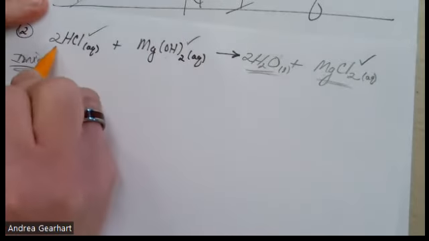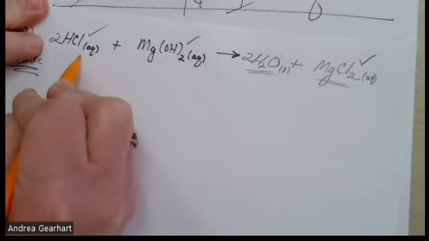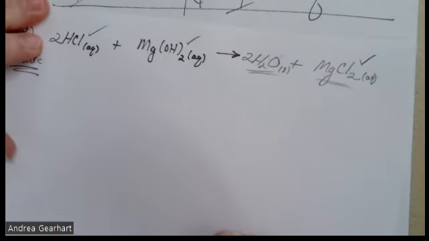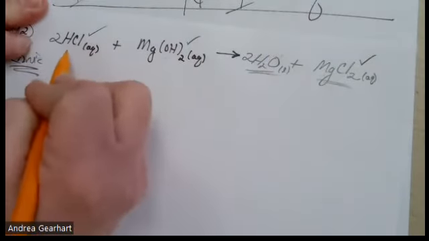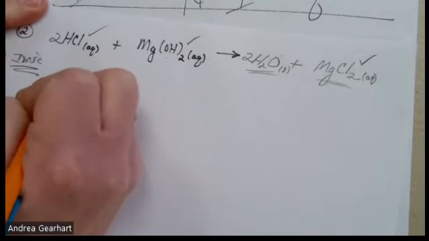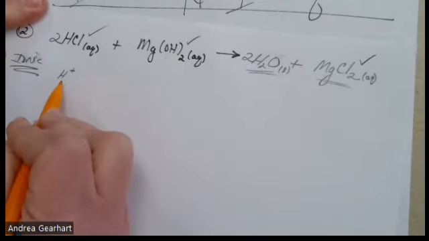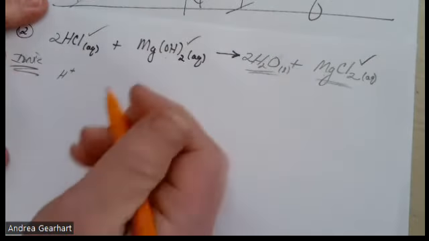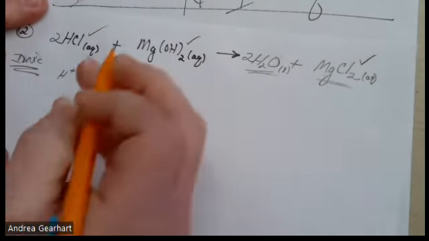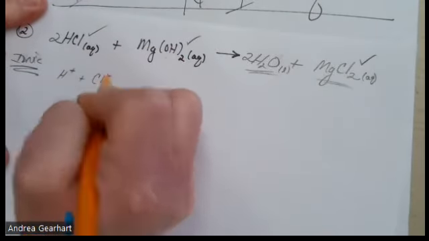So now we know that HCl is reacting with water to create hydronium and chloride. But we have a little shortcut. Instead of writing hydronium, we just write the hydrogen ion, realizing that really is H3O+, but to save some space. And then chloride.